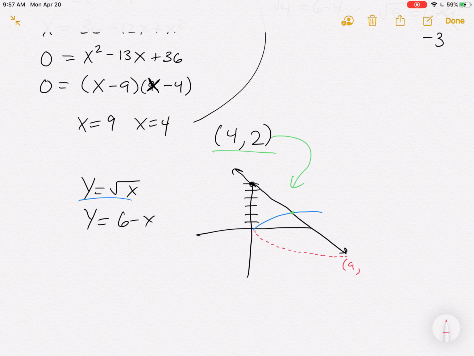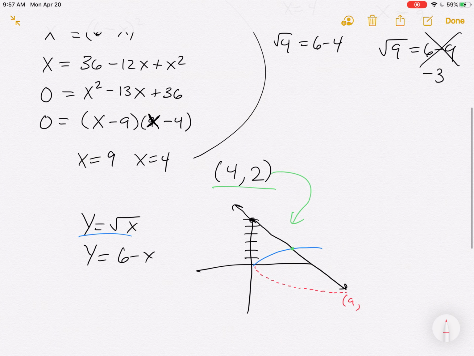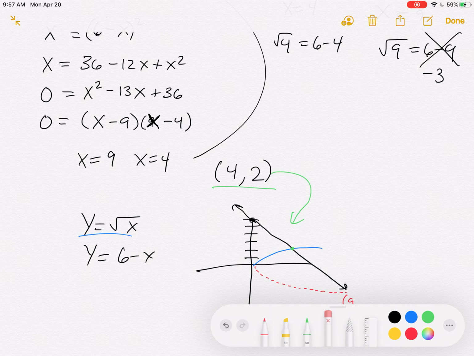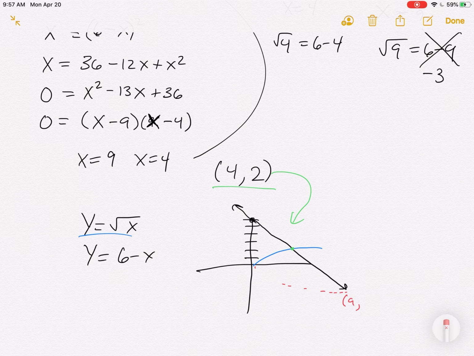It's going to come at an x coordinate of 9, and that's where that 9 is coming from. But because we're just dealing with the square root, this red part is not even here, and that is why we're only getting the solution of 4. But why both are coming out algebraically is because the moment we make it bigger, it doesn't know what we originally had. So we always respect that initial point.